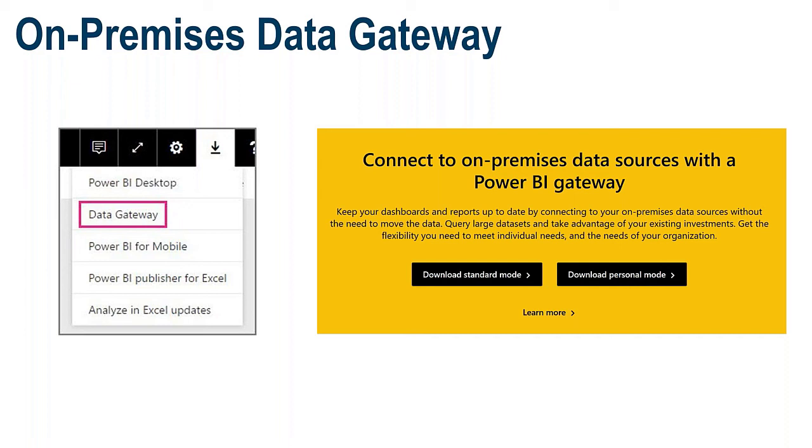One is either standard mode or there's personal mode, and you get this via the user actions on the little drop-down arrow on the top right-hand corner. If you're in the service, just click that, and you get the data gateway, and it'll prompt you over to this nice little screen, and you can select whether you want the standard or the personal mode.